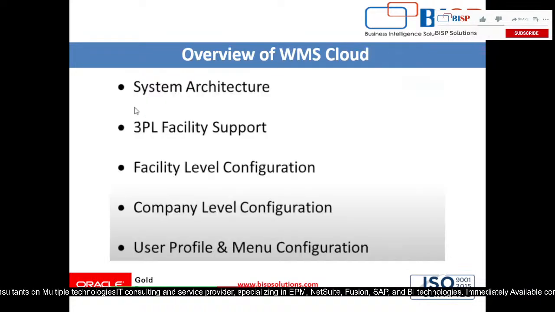A warehouse management system is a software solution that offers visibility into a business's entire inventory and manages the supply chain fulfillment operations from distribution center to the store shelf.